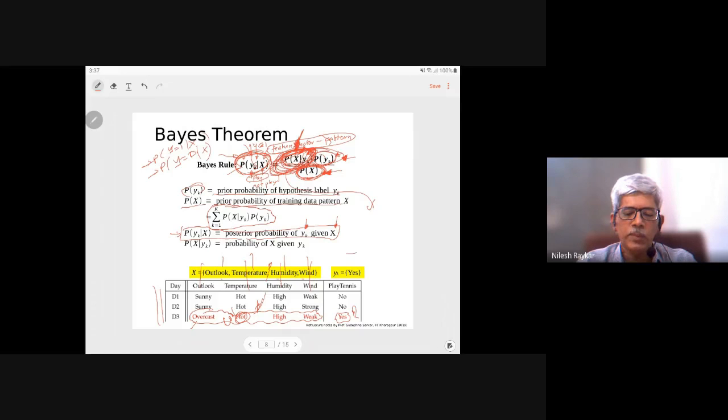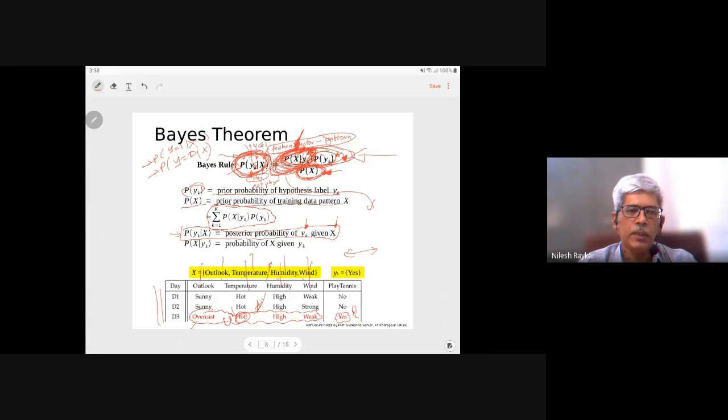The takeaway from this particular slide is that in order to use the Bayes theorem, what we are interested in is calculating the probability of a certain thing like playing tennis when there is a certain climatic condition. For doing this, we use only the numerator part of this equation to calculate two probabilities: one is the probability of the pattern for a given label, and the other is the probability of that label itself.